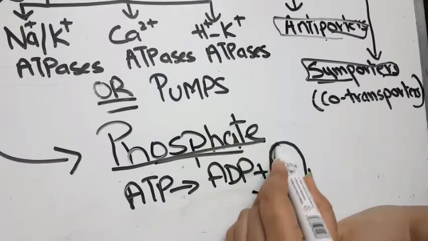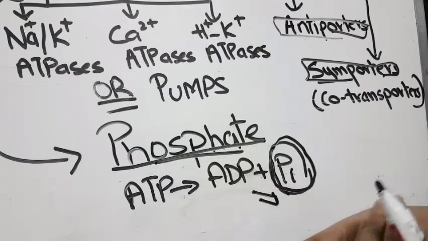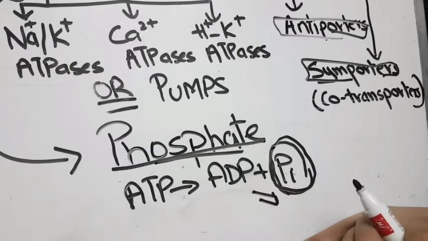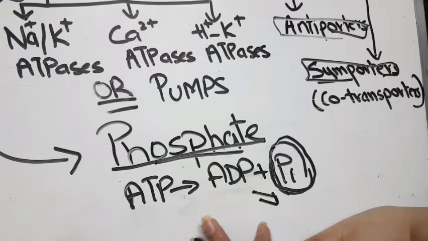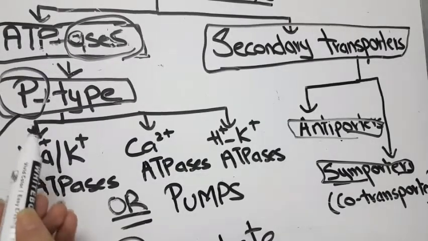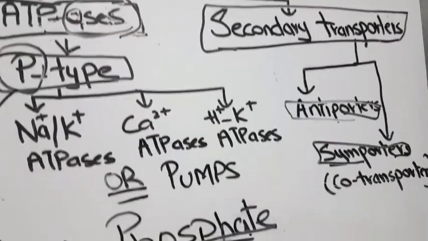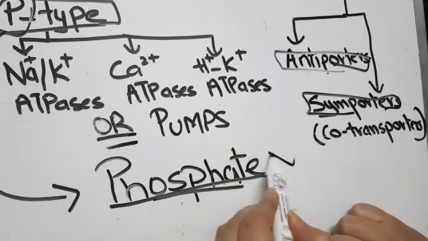This phosphate group provides energy for these pumps, and they will only be activated for this whole process when they get phosphorylated, or when this phosphate group gets attached to them. This P here stands for phosphate.